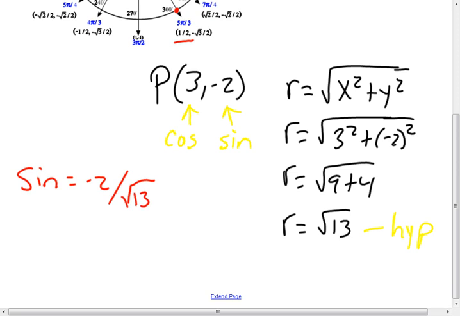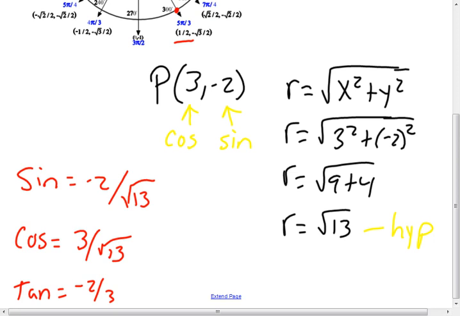Remember, this is not on the unit circle, so we can't have a 1 for the denominator. Cosine is going to be 3 over square root of 13, and tangent is going to be negative 2/3. That's sine over cosine. So that gives us a basis to find these values.